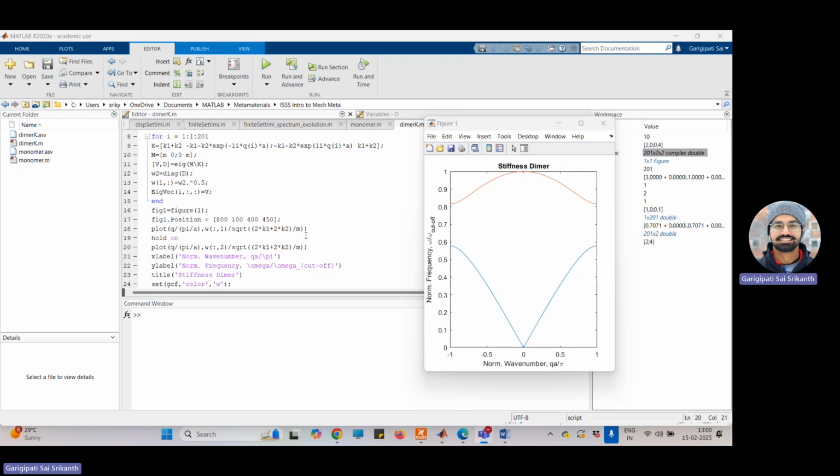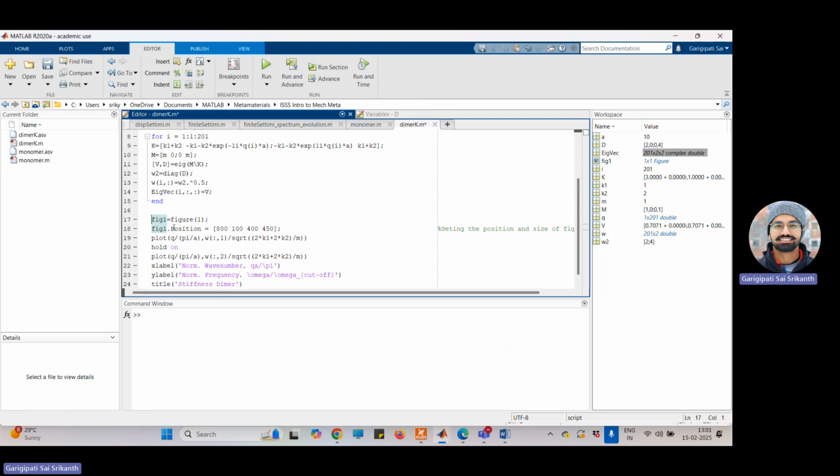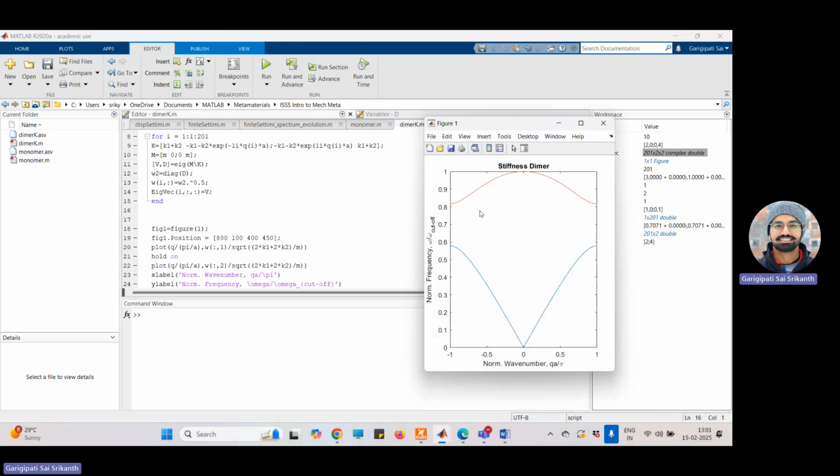So we need to plot the attenuation curves. Now the question is, what is the alpha value going to be in the attenuation curves?